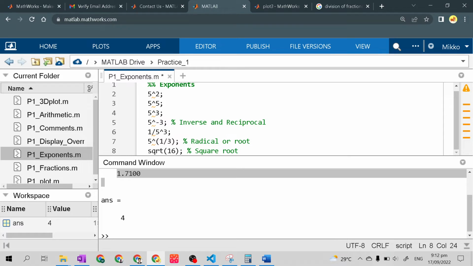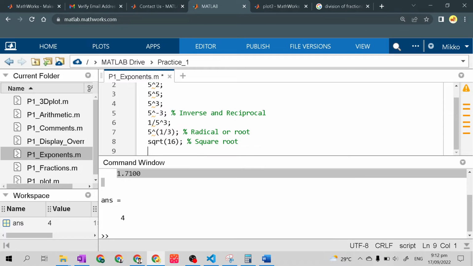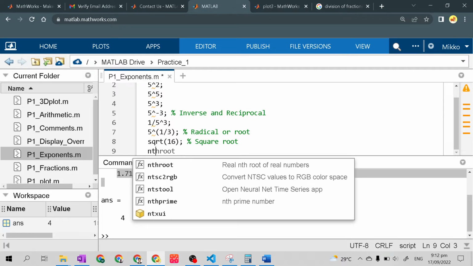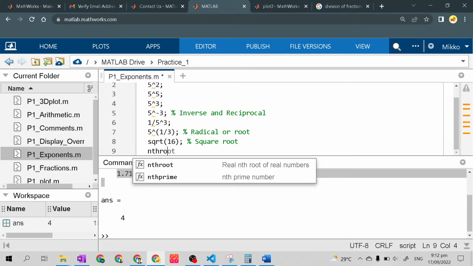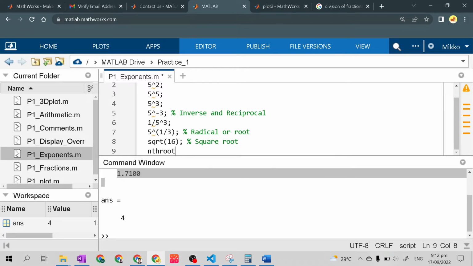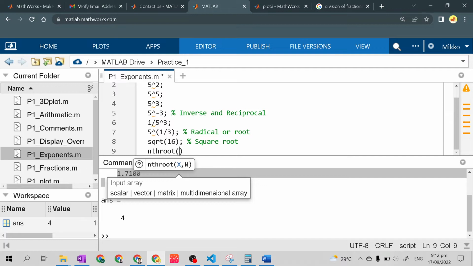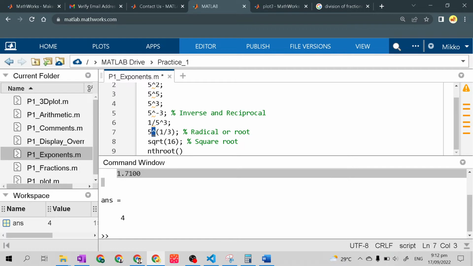Oh, I know how to make an nth root. Now I know. If you want an nth root, use the syntax nthroot. So if you want the cube root of 5, but not using the caret symbol, use the nthroot.